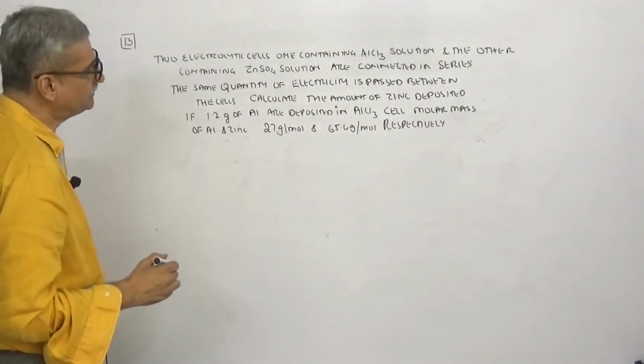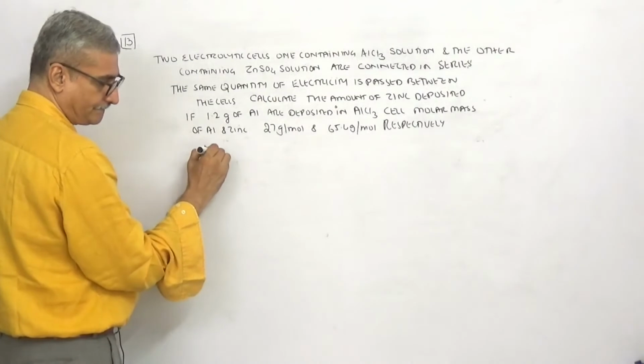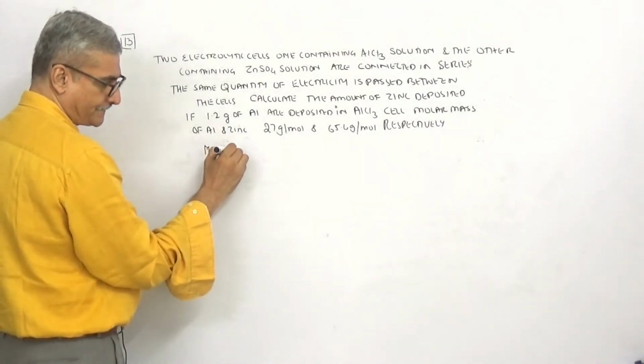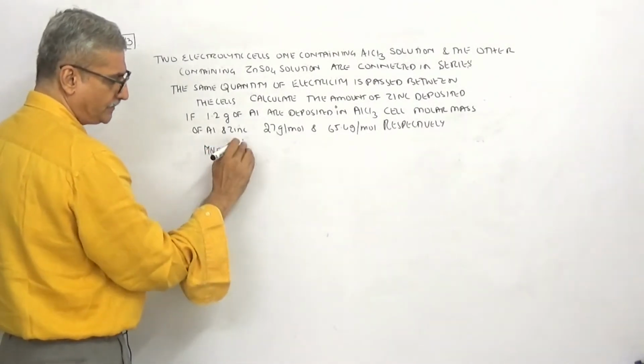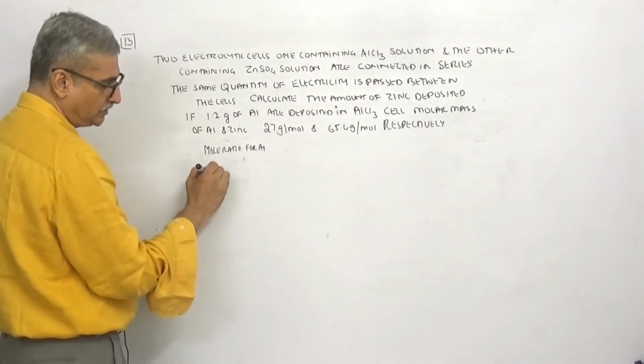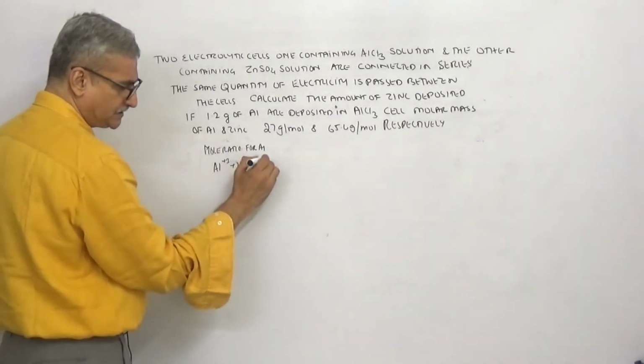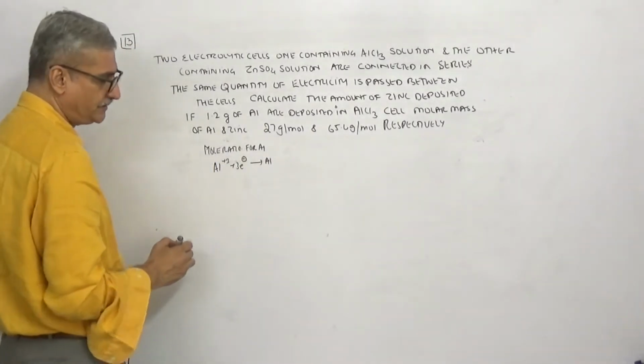So let us start now. First we find the mole ratio for aluminium. So aluminium plus 3 electron forms aluminium.